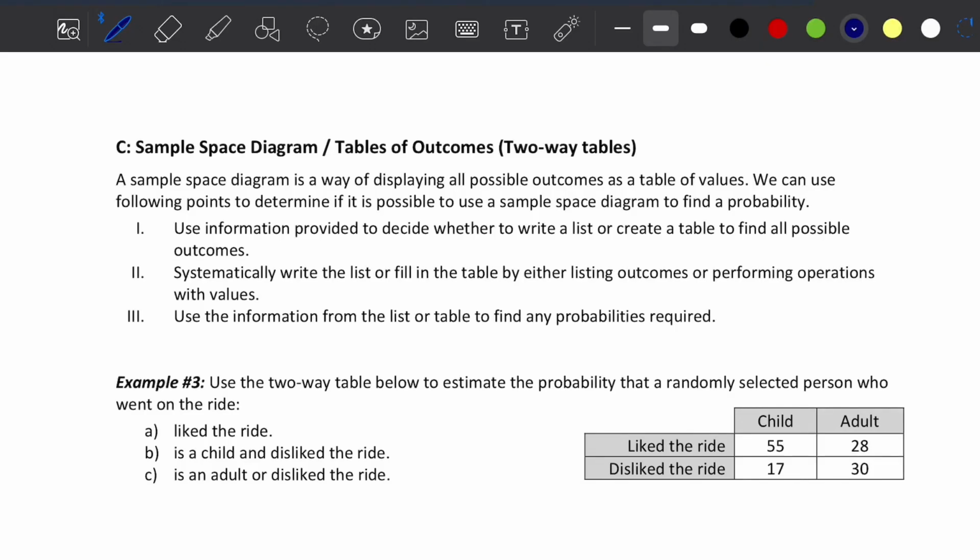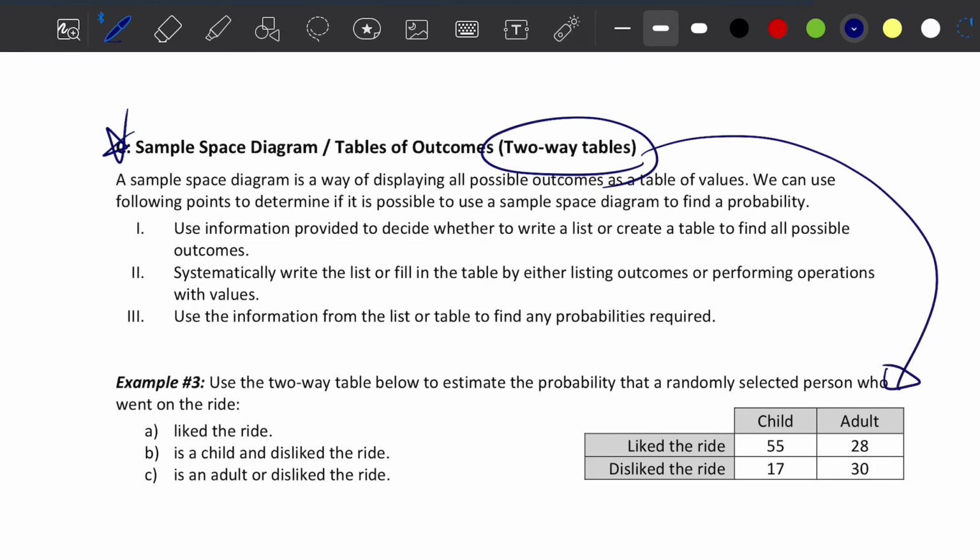Okay, then let's talk about the final way of representing probability. The final way, or the most common way of presenting probability, is using the sample space diagram or the table of outcomes. It's also called the two-way table. It means we just present the information in a table, as shown in example number 3.